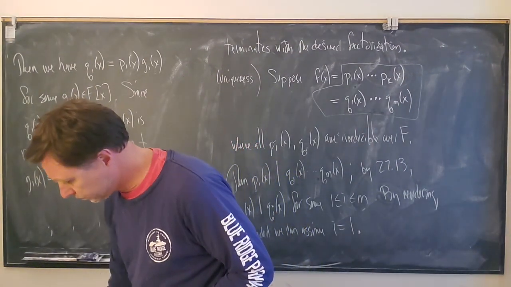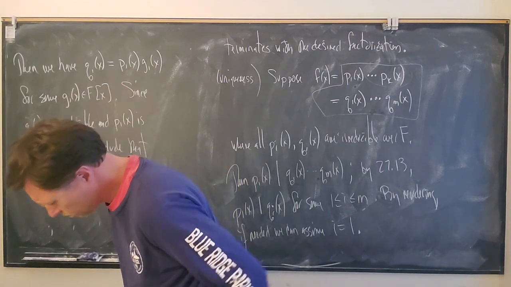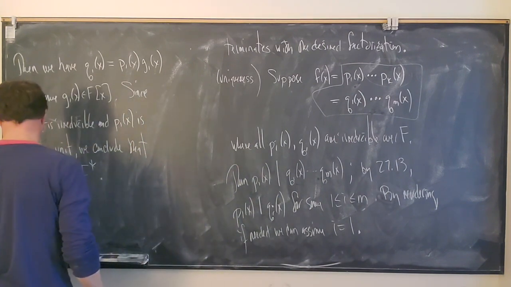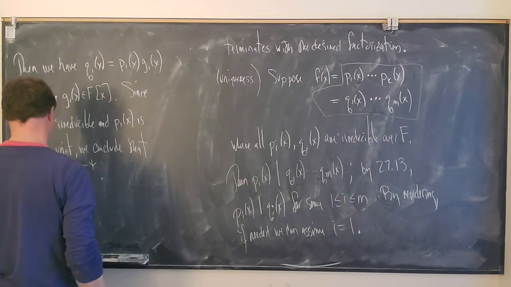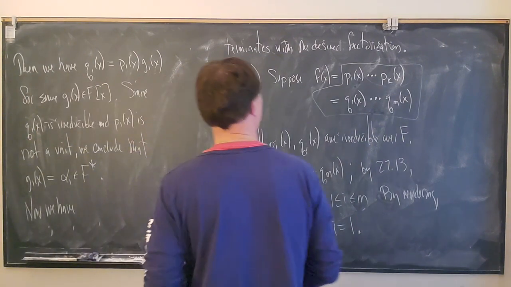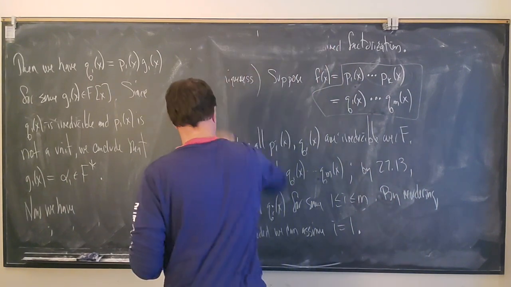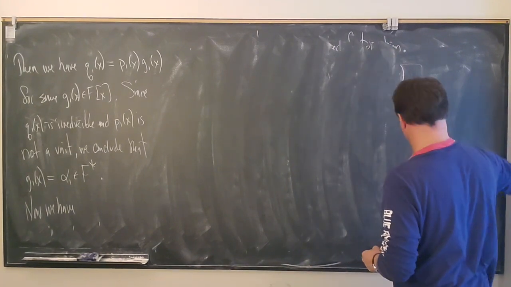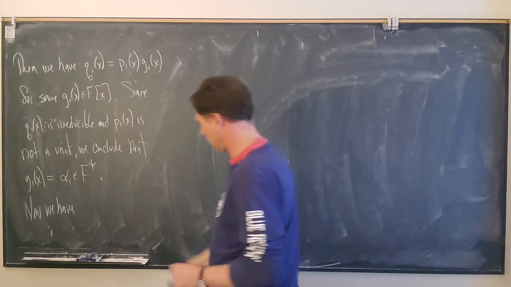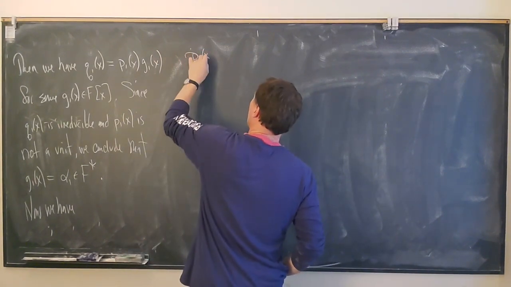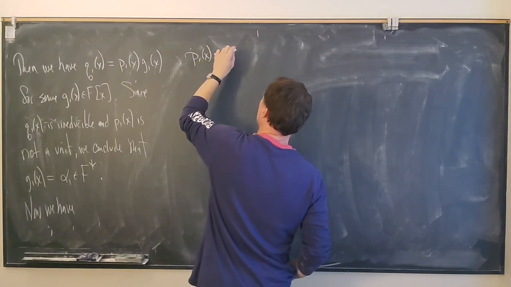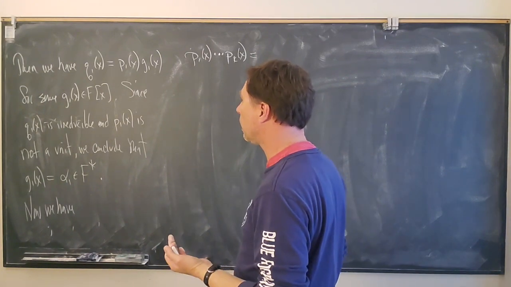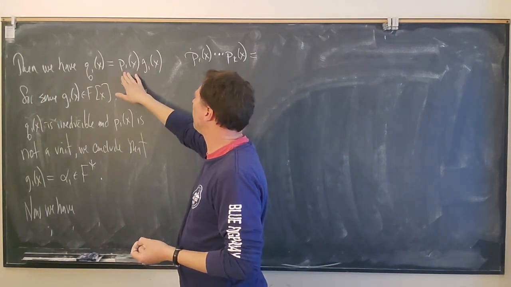Now, keep going. Oh, right. Okay. So now we have P1 of x dot dot dot P sub k of x is equal to, now what I'm going to do is replace Q1 with P1, or I'm going to write it as alpha 1 times P1.